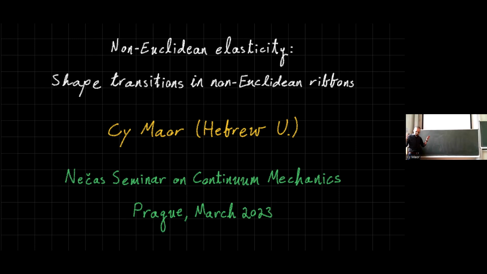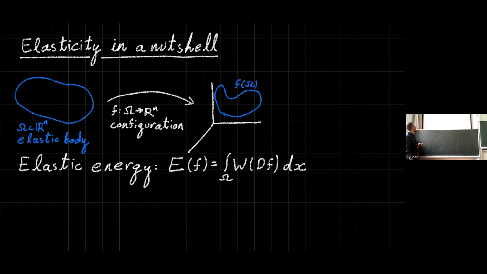So let's start with non-Euclidean elasticity. Let's start with one slide of elasticity in a nutshell. What do I mean by a very basic elasticity theory? We have an elastic body, just a domain in R^n, and then we have a configuration into a Euclidean space of the same dimension, and we want to measure how much this configuration stretches the body.